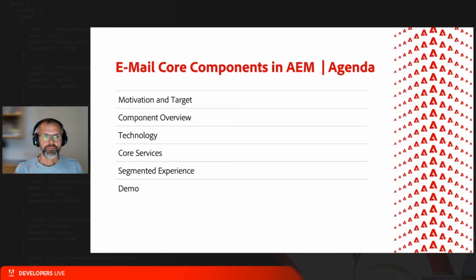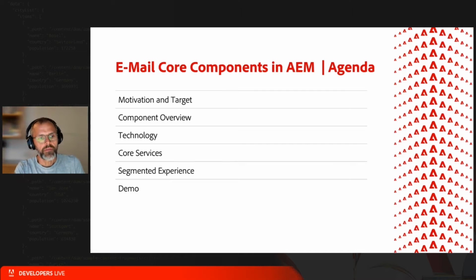So let's look at the menu for today for the email core components. First, I will give you a short motivation and target why we created these components in AEM. Then I will give you a brief overview of the components. So what do the core components for email actually contain?